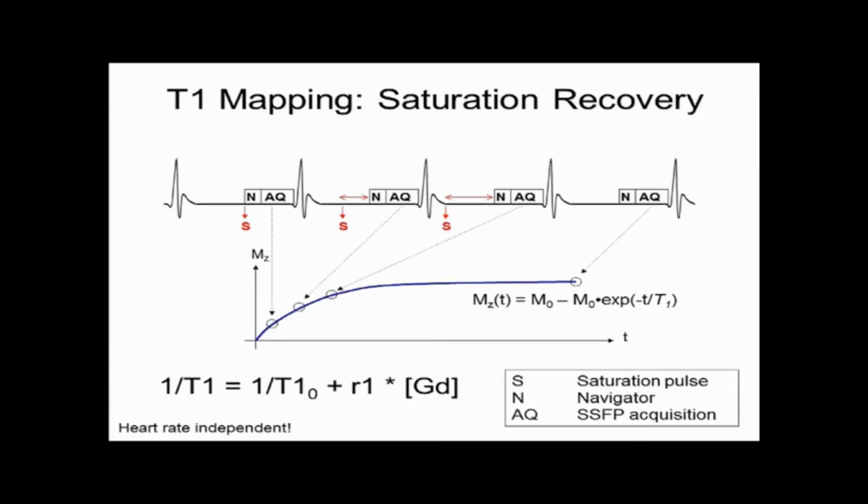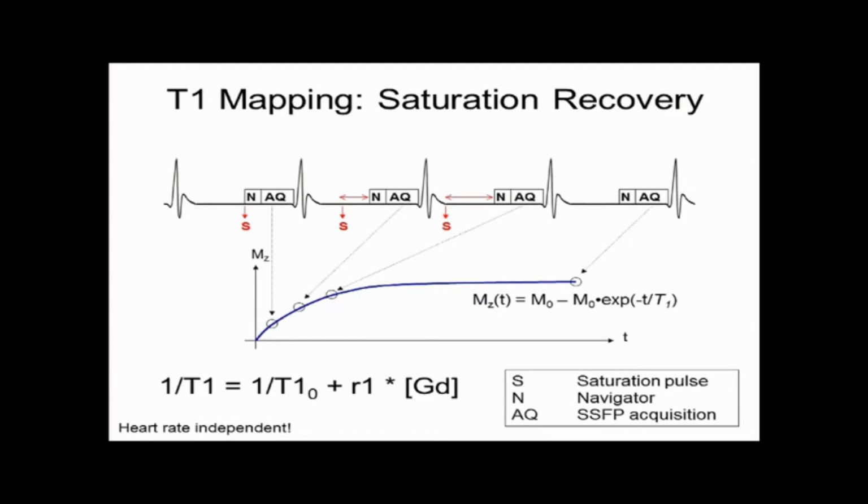So for instance, here's the saturation pulse. Then we do the imaging right after the saturation pulse. In the next heartbeat, for instance, we could move the saturation pulse, image here on this curve, and so on, move it further, and thereby sample the whole curve and get the information that we need in order to determine the T1 relaxation time.